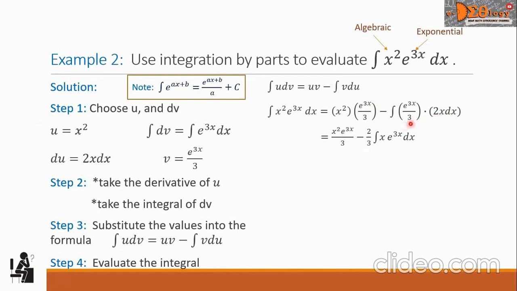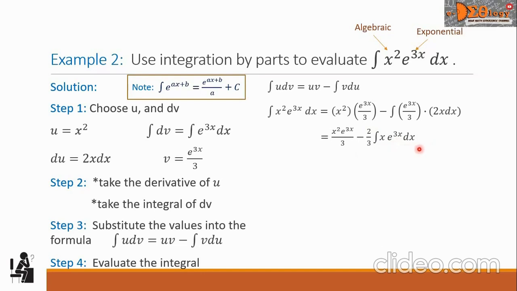This 2 and 3 is 2/3, and it's now written here outside the integral sign. So what remains here is the integral of x times e raised to 3x dx. Please observe here that there is no direct formula for the integral of x times e raised to 3x dx.